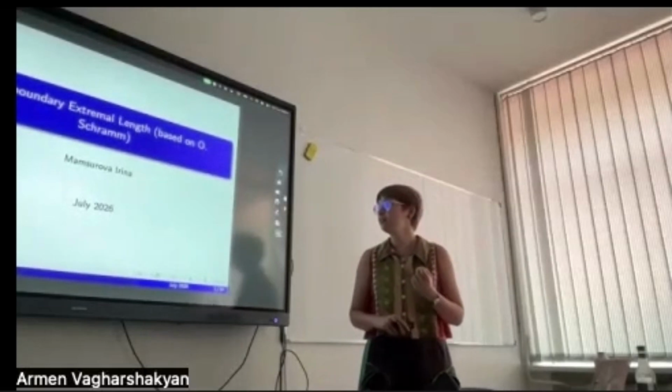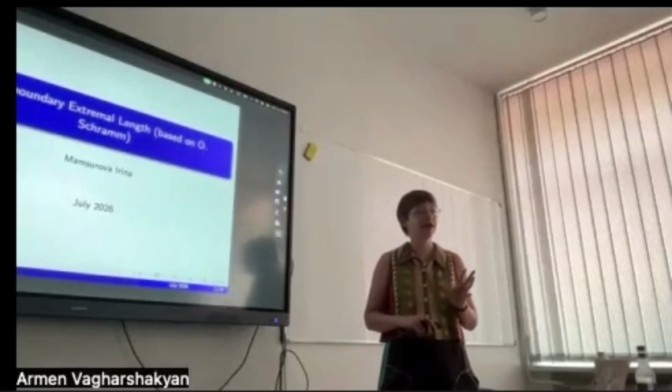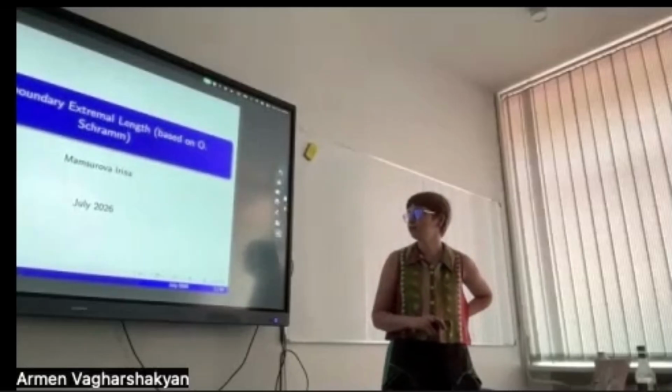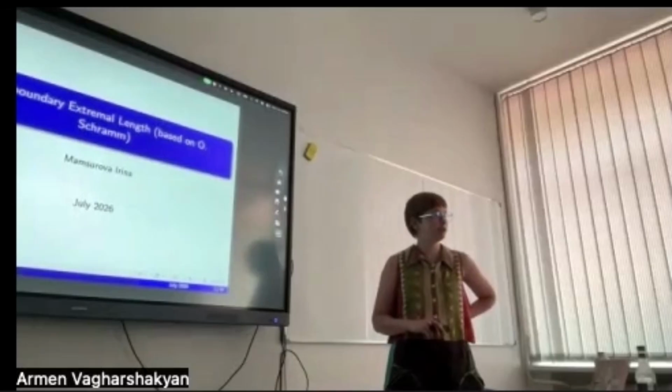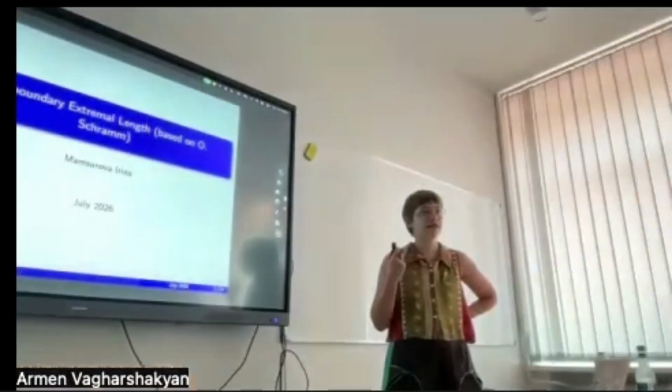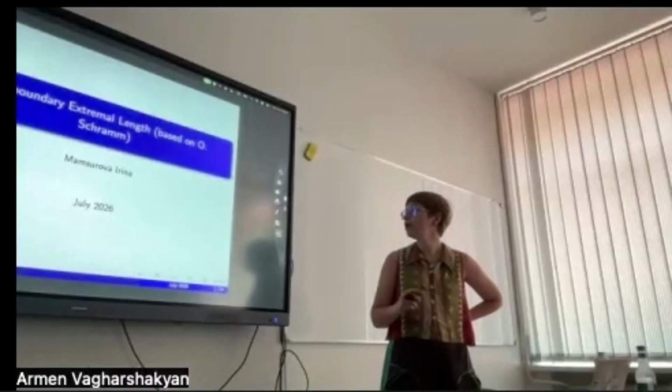But I will start with some motivation, then some maybe elementary reminders. Schramm already said a few words about it yesterday. And also there are some intersections with his talk and the talk of Melkana and even a bit Leo's talk.